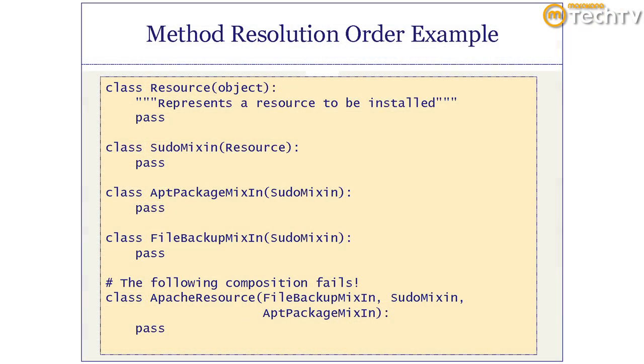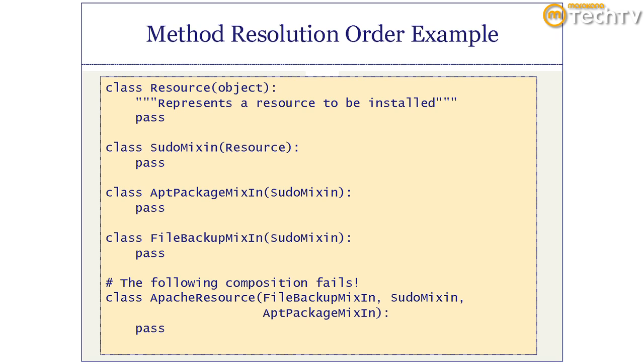So this is an example where I ran into this problem in my own code, to give you an idea. I'm building a system for doing deployment automation and have this class, a resource, that represents something I'm going to install. And I have various mixins to describe the properties of that resource.